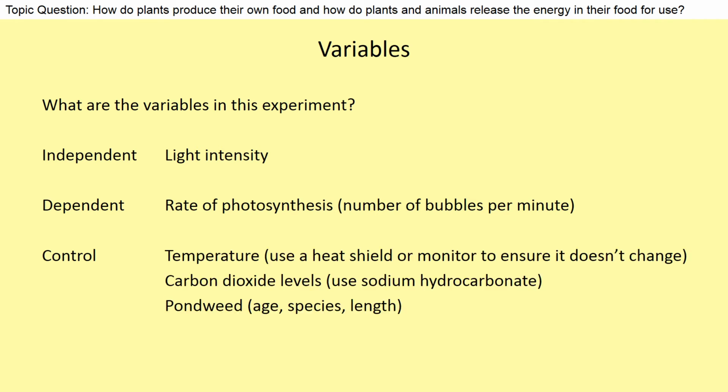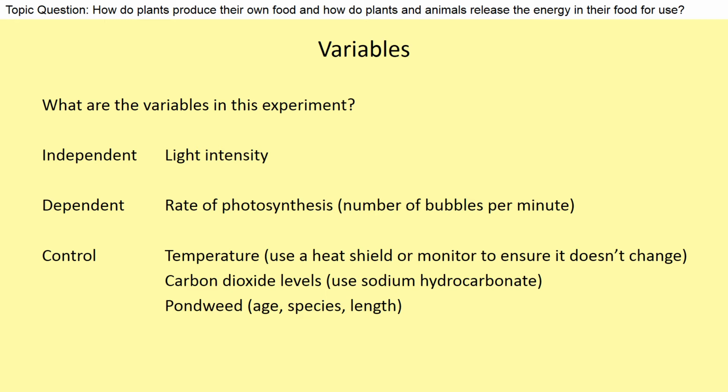We would need to control the temperature, because we know that temperature is a limiting factor. So we could use a heat shield, or we could use a thermometer to monitor it to ensure it doesn't change. We could also control the carbon dioxide levels, because carbon dioxide is a limiting factor. So we would put sodium hydrogen carbonate, which is just baking powder. That would make sure there was a plentiful supply of carbon dioxide the whole time we were carrying out the experiment.